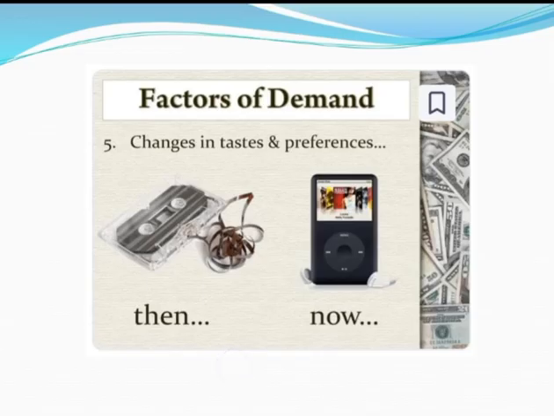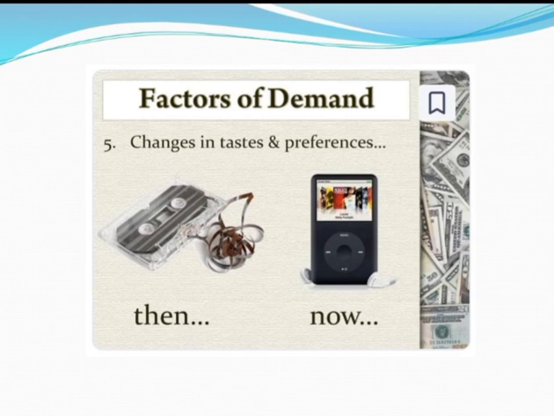Next one, changes in taste and preferences. The taste and preferences of human beings change constantly. If they get different products with better quality, people tend to buy those. Here we see some old cassettes, and here an iPod.